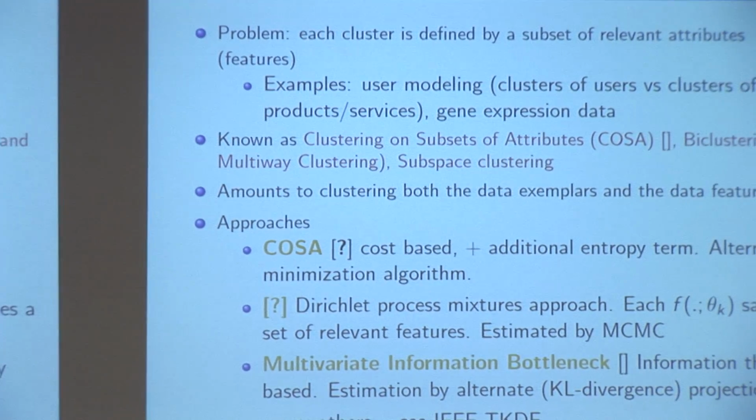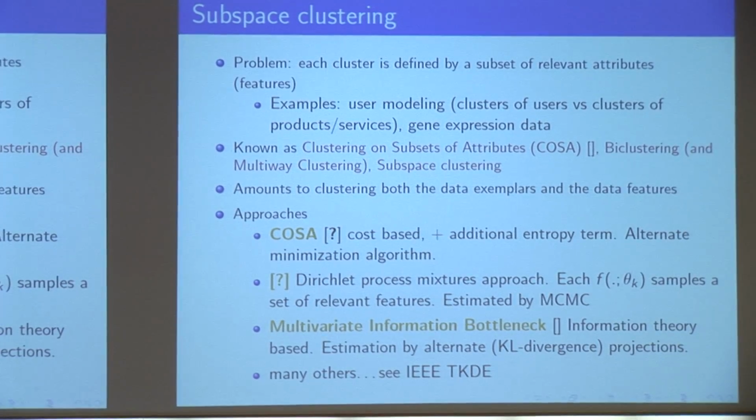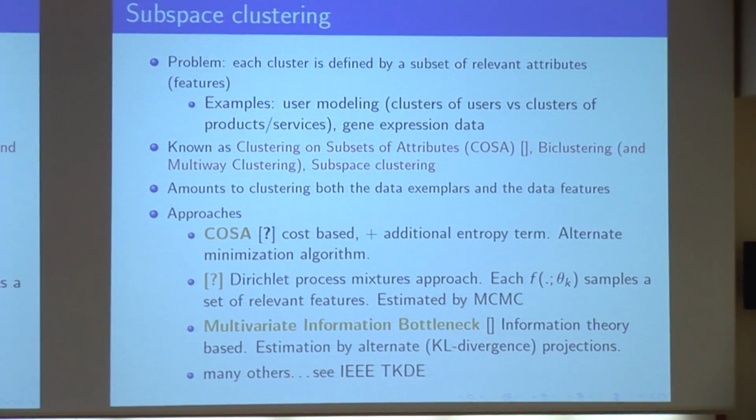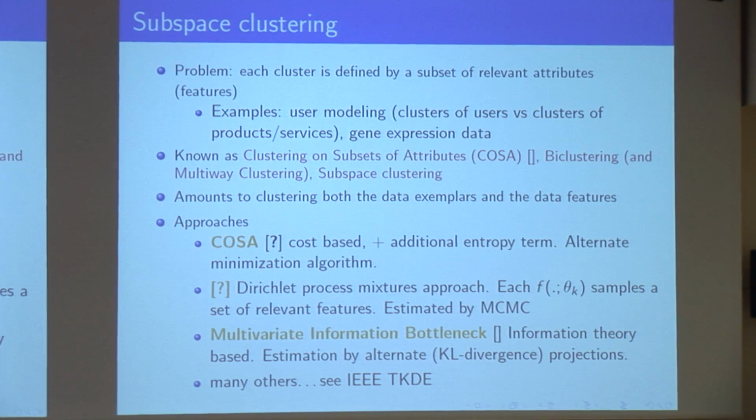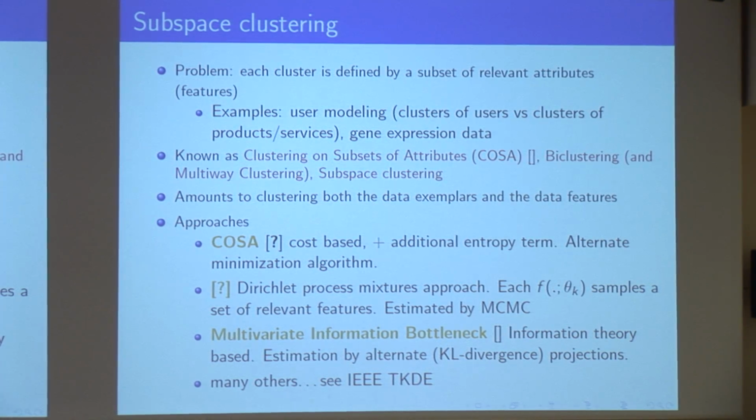What is subspace clustering? This is another problem that was actually suggested by real data and real tasks on real data. For instance, in gene expression data, you get a large matrix of genes and a matrix of conditions or experimental conditions or patients or whatever.